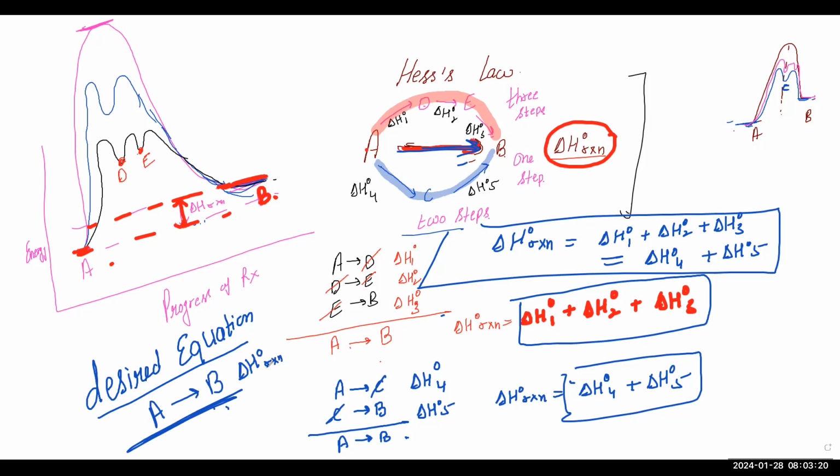Ready, children, for using Hess's law now? I want you to draw this diagram because you cannot see this diagram in books. This diagram is clearly telling you that delta H is independent of path.